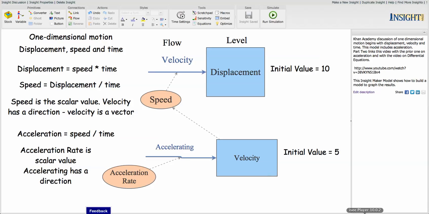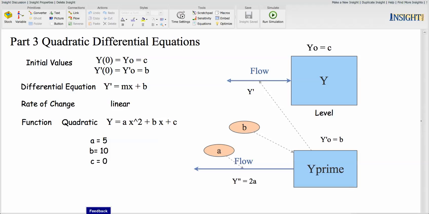And also this is part 2 because we're going to show you some different values, and we're going to compare it to the quadratic differential equations. So you'll find another video here in Systems Academy called Part 3, Quadratic Differential Equations. And you'll notice here that we have two stocks.